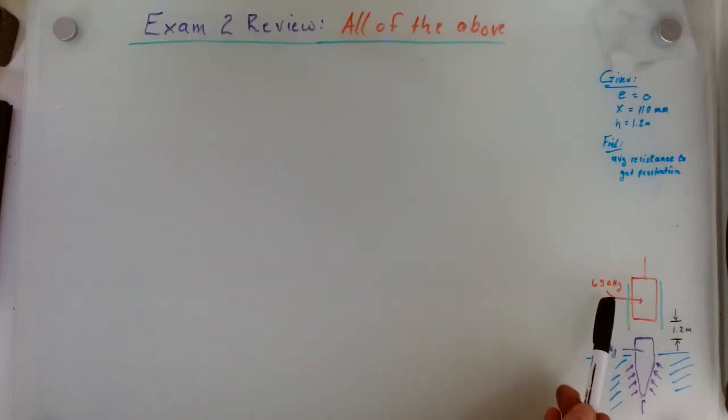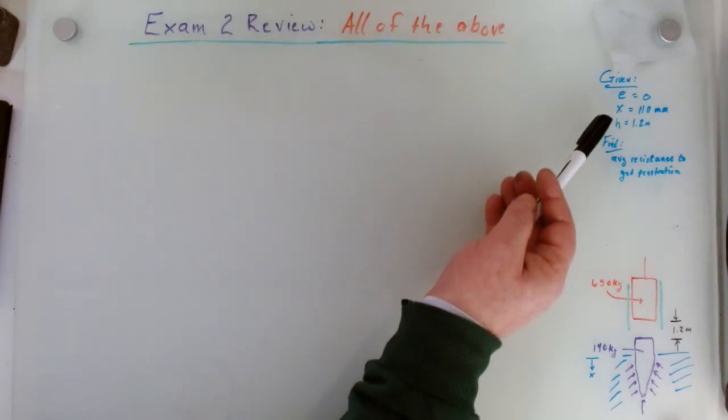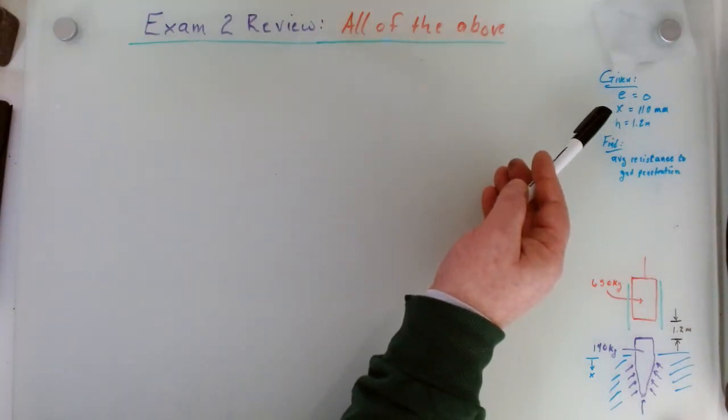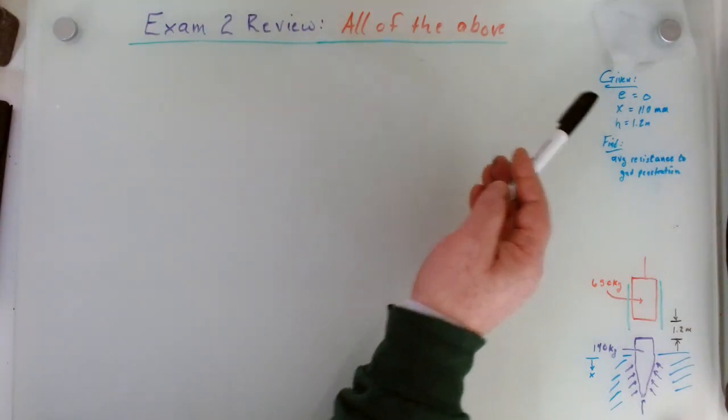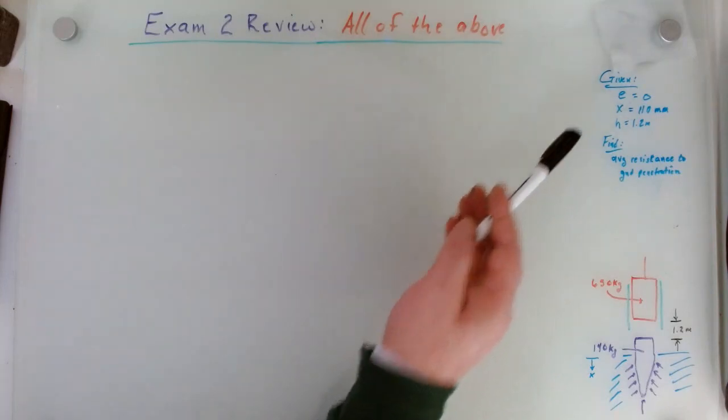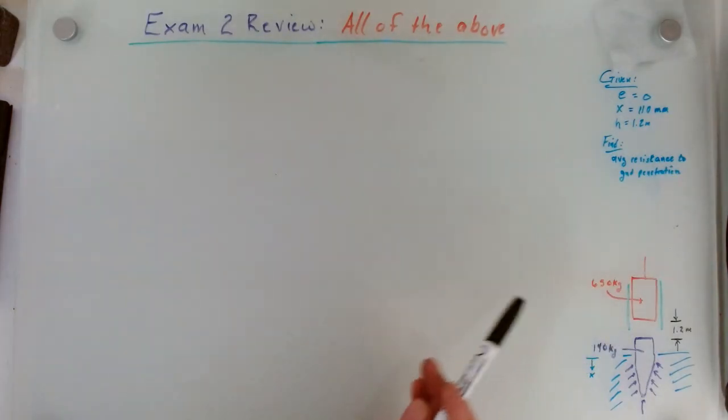The 650 kilogram hammer is raised 1.2 meters and dropped onto this piling, and when it is dropped, it is pressed into the ground 110 millimeters. The impact is perfectly plastic, and we are asked to find the average force resisting ground penetration, so the force preventing it from going further.